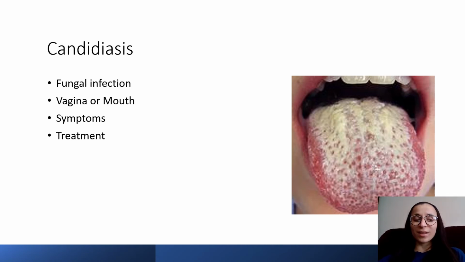And the symptoms are going to be pearly, white, curd-like patches on the oral mucosa, just like this. So just know the symptoms because they stick out a lot, especially the cheese-like discharge. And the treatment for that is going to be antifungal.